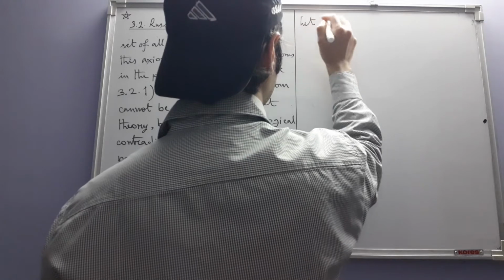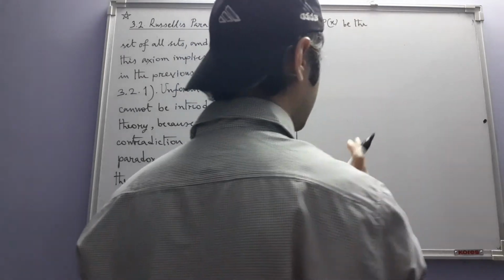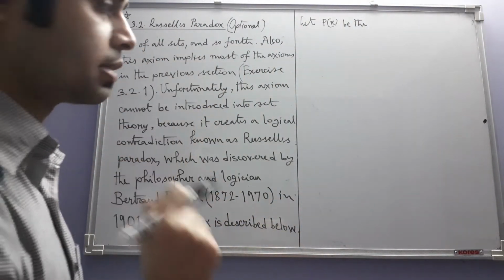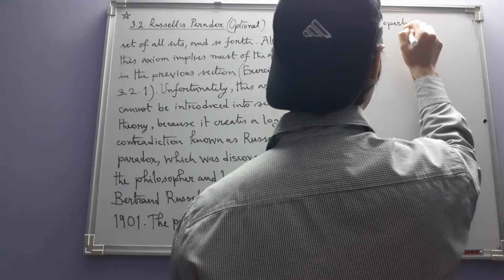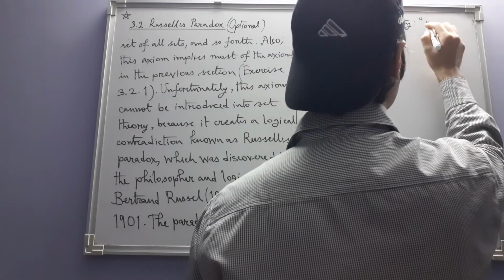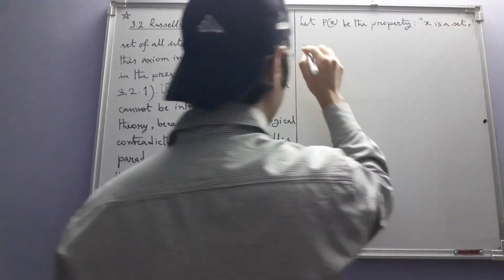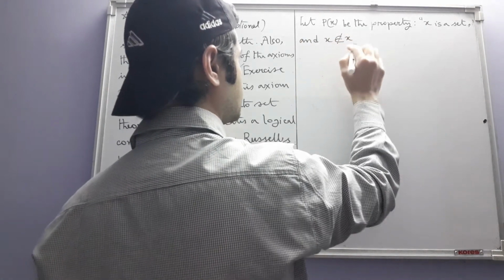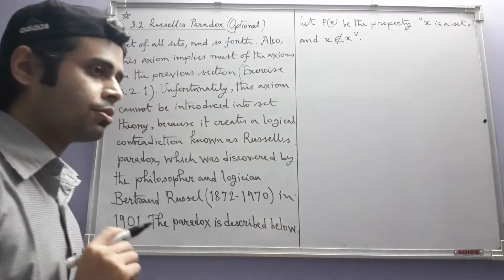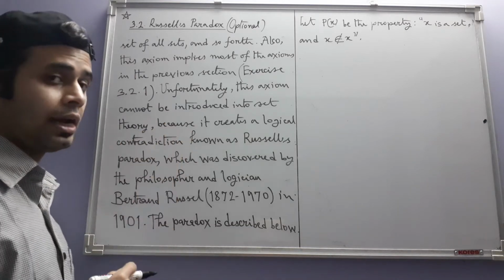Let P(x) be the property, meaning a statement which is either true or false that depends on x, that x is a set and x does not belong to x. X is a set and x is not an element of x. Okay, it sounds silly, but we will see now that this can happen if we assume this axiom.